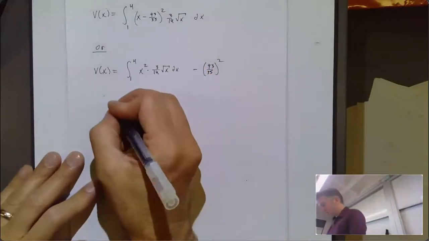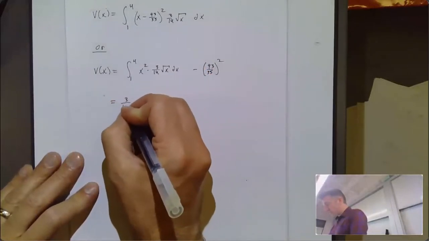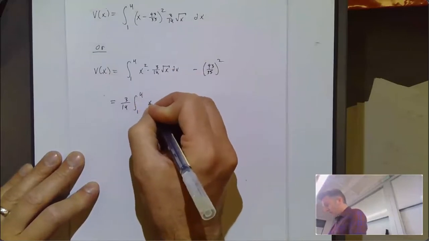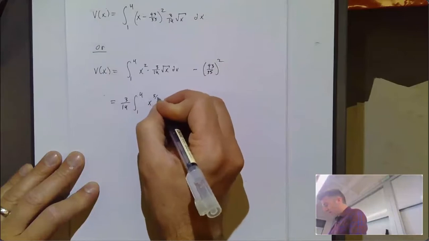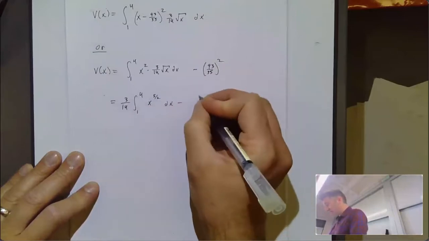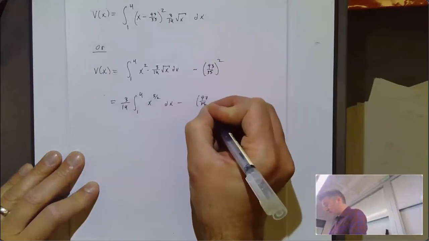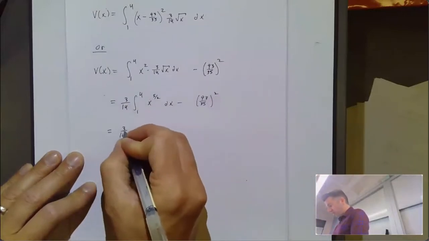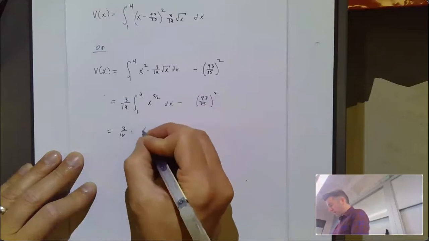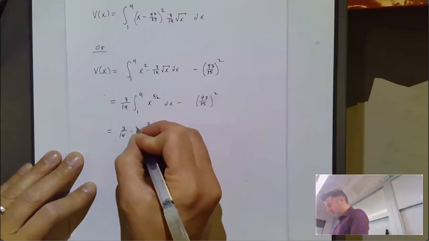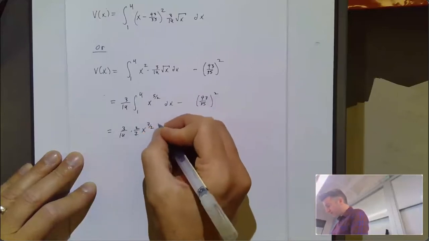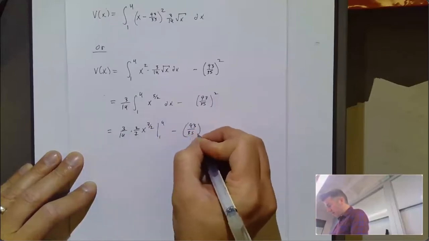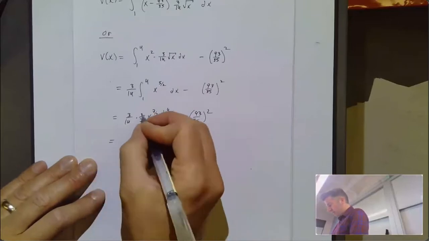So let's calculate it. I'm going to get 3/14, the integral from 1 to 4 of x to the 5 halves dx minus, I'm just going to leave this as 93/35 squared. There's no point in trying to make it nicer. Integrate, you get 3/14 x to the 7 halves times 2/7 from 1 to 4 minus 93/35 squared. That's going to be, let's cancel there.